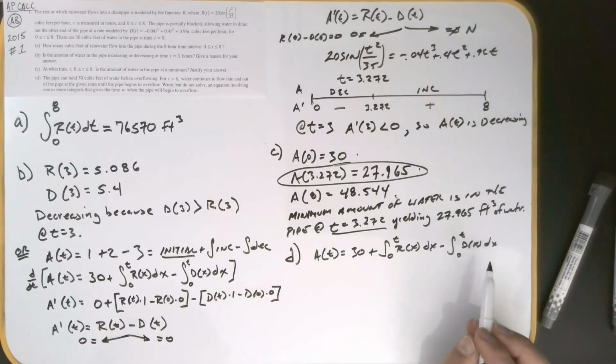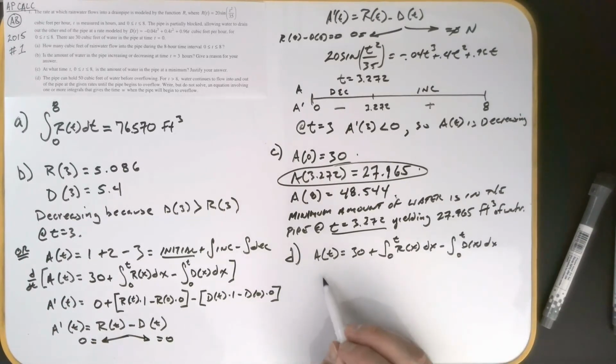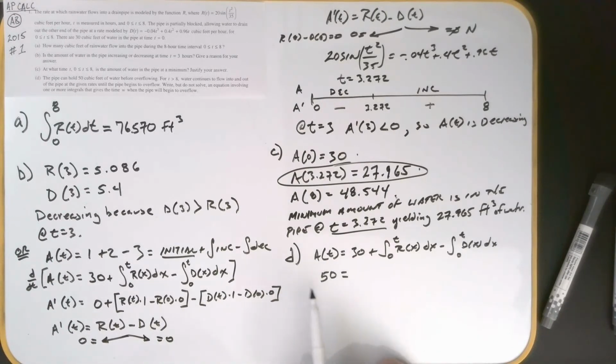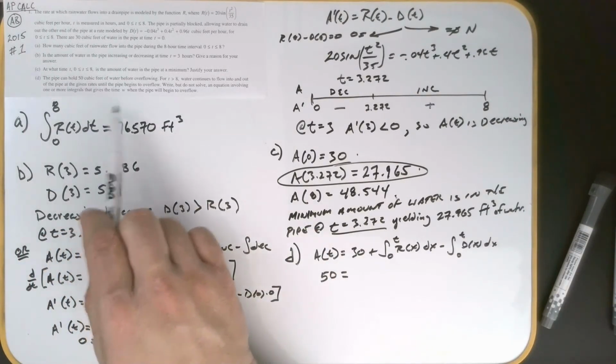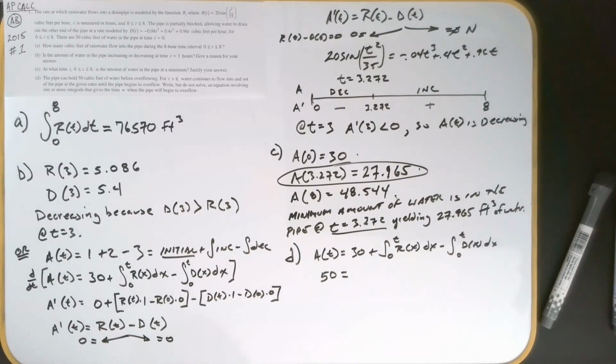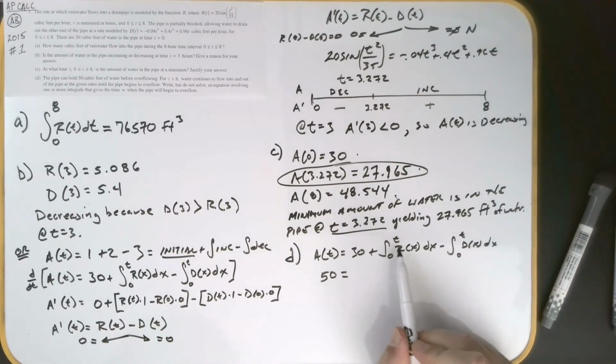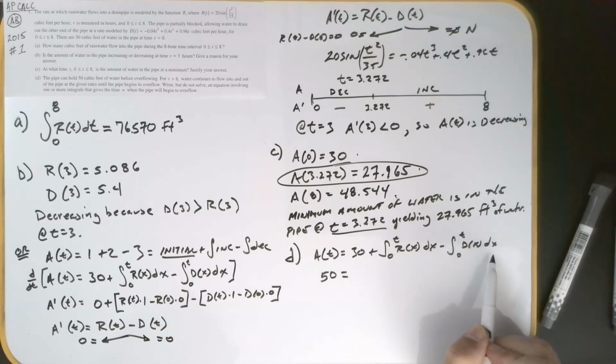So this is our amount, and what they're saying is when the amount is 50, we don't have to solve this, but write an equation that would, it says in the question, involving one or more integrals that gives the time as W when the pipe will begin to overflow. Well, if you'll notice here, you guys, we have t as our time value, and x is just our variable of integration.